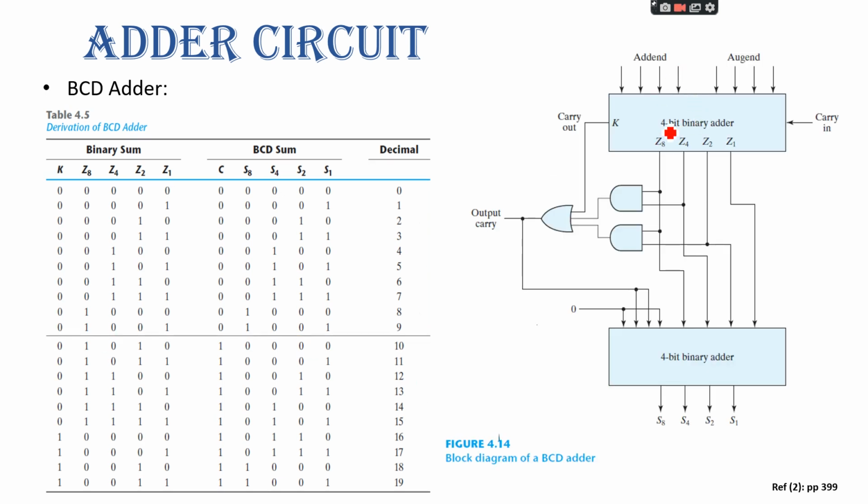Here you can see a simple 4-bit binary adder, which adds everything as we have learned so far, simple binary addition. But the circuit represented here is the circuit for the BCD addition. This circuit will decide whether I need to add 6 or 0 with the number.